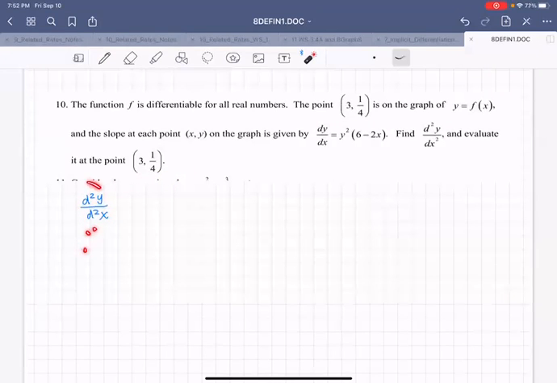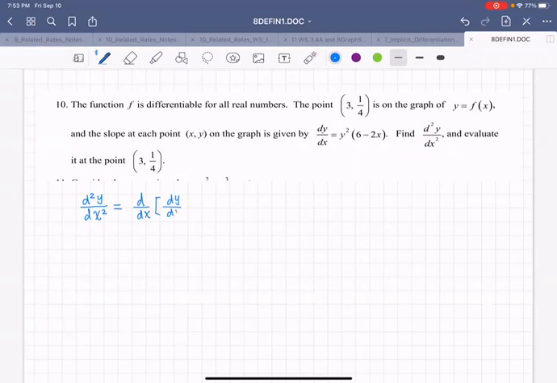Not this way, that's wrong. This is the correct way. What we do here is copy down, right?